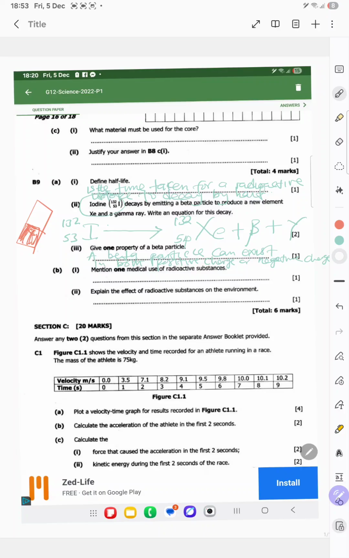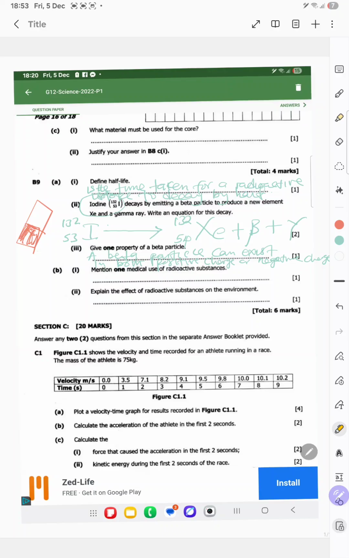Alright, let's go to question B Roman numeral 1, which says, mention one medical use of radioactive substances. That is also 1 mark. Now, one of the uses of radioactive isotopes or radioactive substances is to treat cancer. So that is the simple answer that we always use.